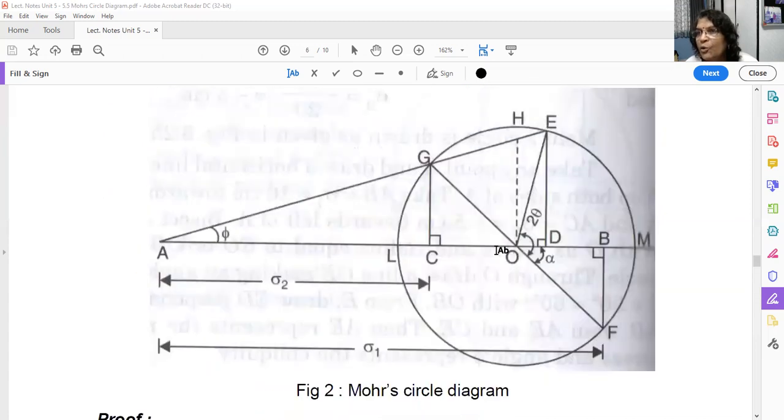OF square is equal to OB square plus BF square. What is BF? Tau. Tau square. What is OB? It is equal to CO basically. What is CO? Sigma 1 minus sigma 2 by 2. Understood? So OF square is equal to BF square plus OB square, that is sigma 1 minus sigma 2 by 2 bracket square plus tau square.